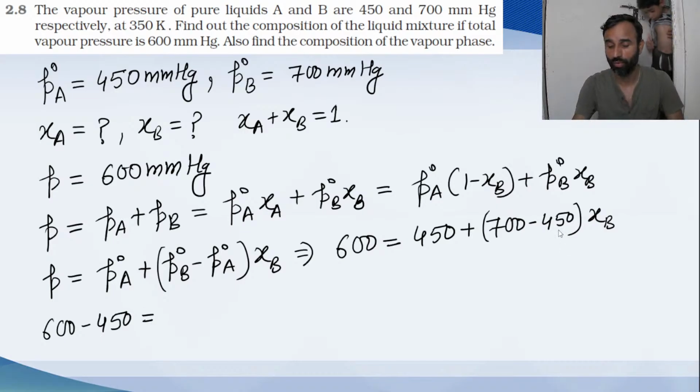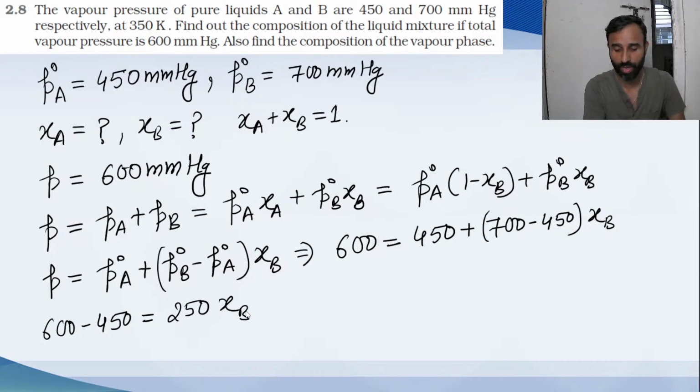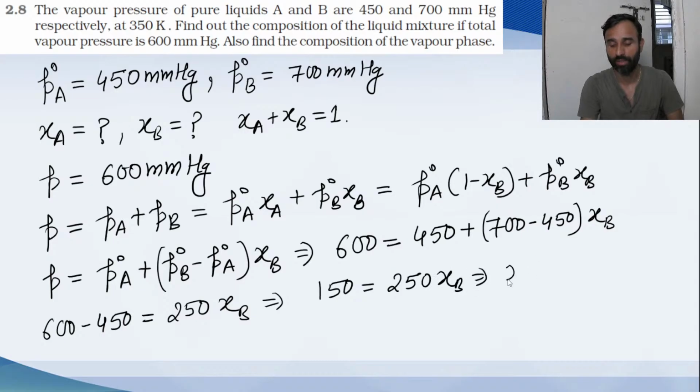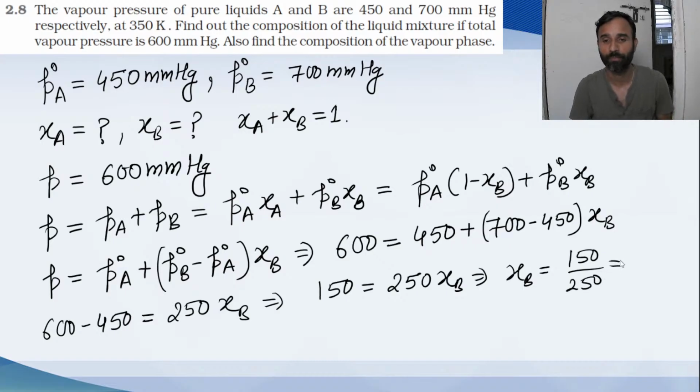So now 700 minus 450 is 250 into XB. That implies 150 equal to 250 into XB. It means XB equal to 150 over 250, means 3 by 5, means it is 0.6.